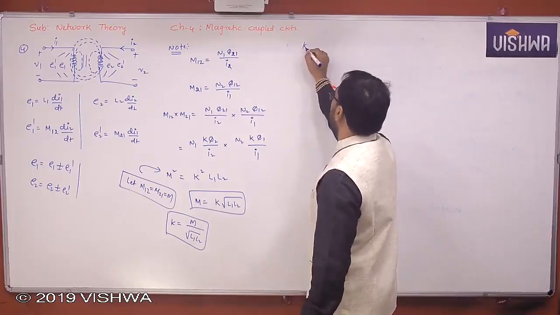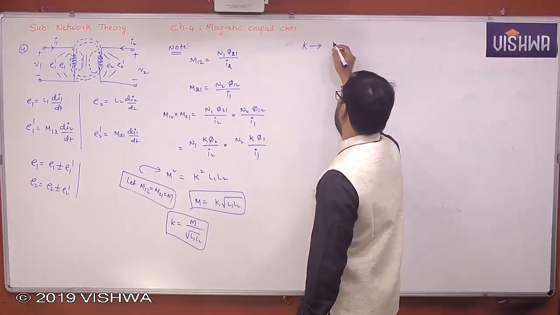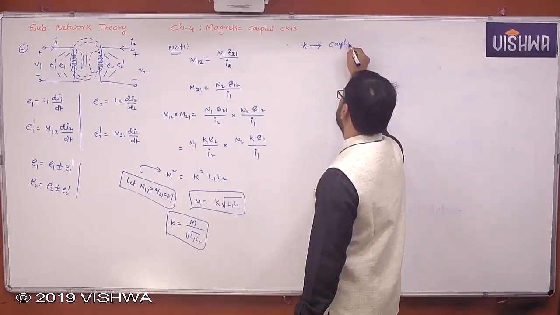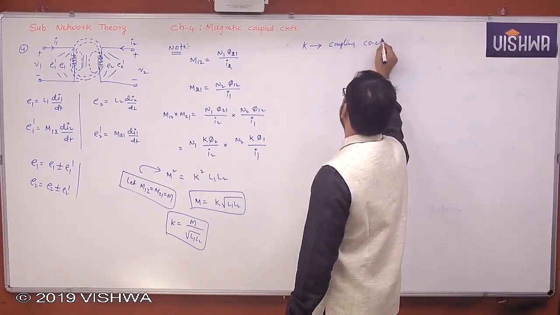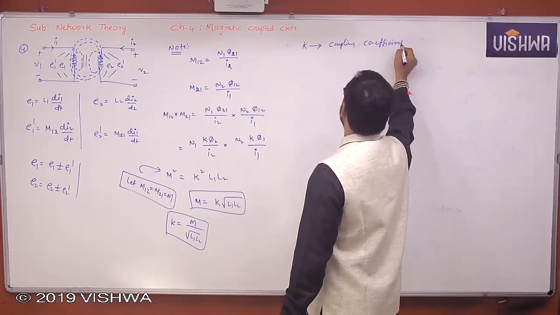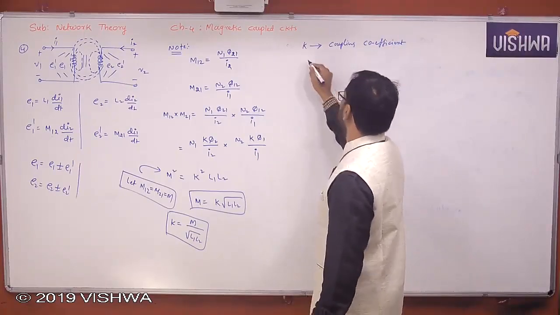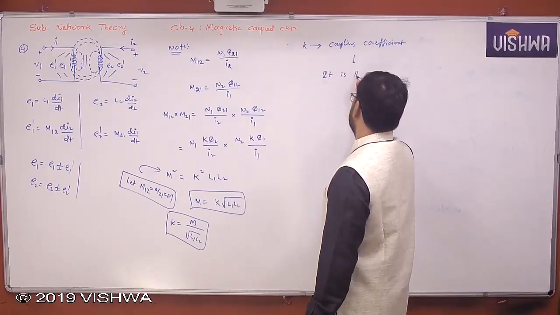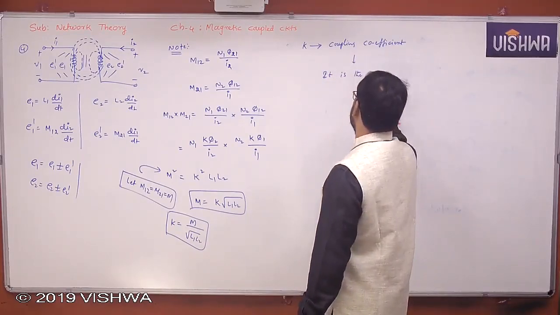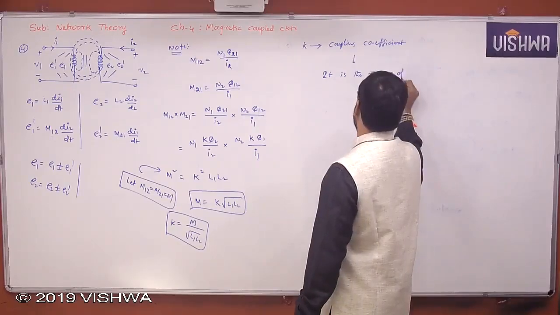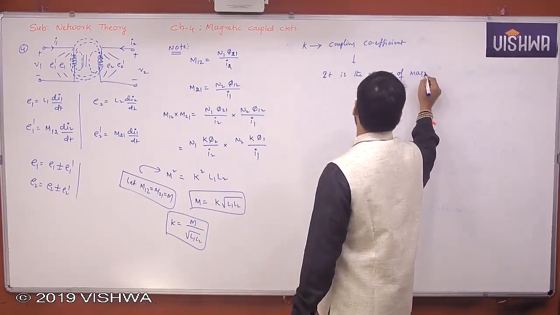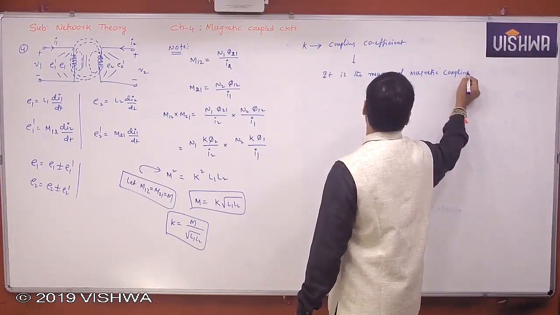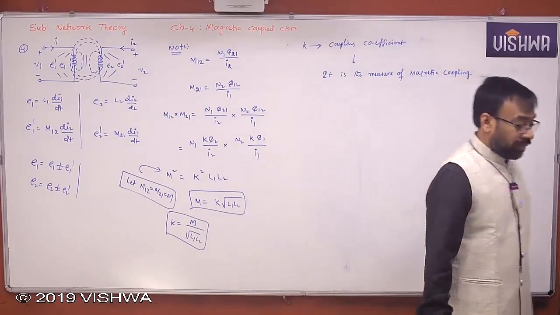So what is K actually? K is the coupling coefficient or coefficient of coupling, and it is the measure of magnetic coupling. Okay, so please note down quickly.